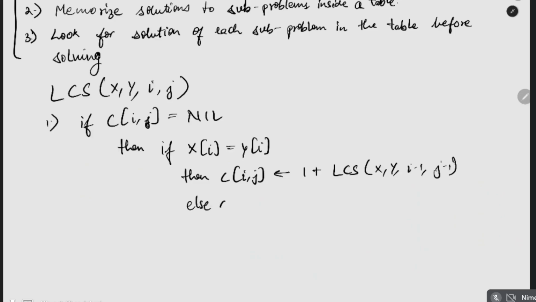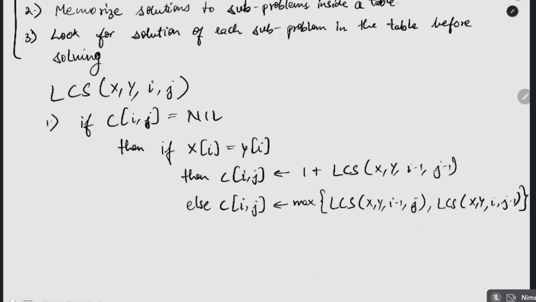Else, the C of i comma j is the max of LCS of x comma y comma shifting x by 1, and LCS with y shifted by 1.